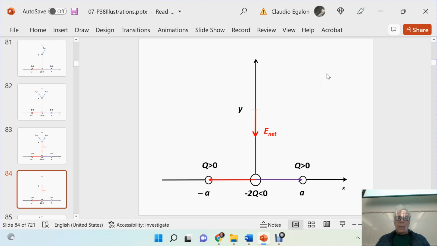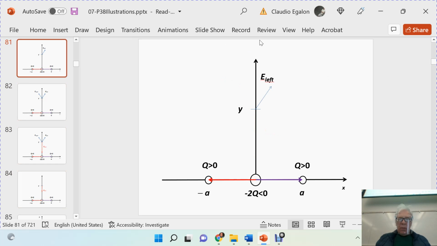So it's a field that goes downwards. But now we are going to do it mathematically, step by step.